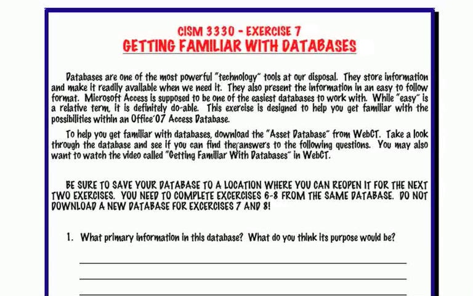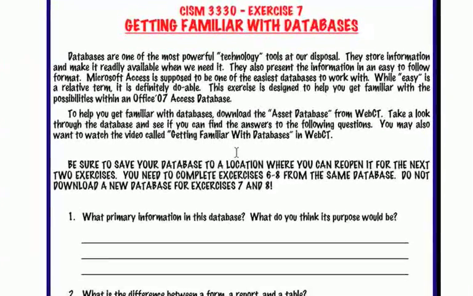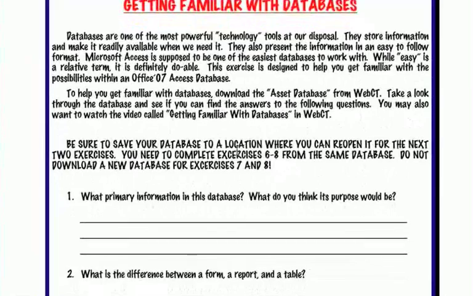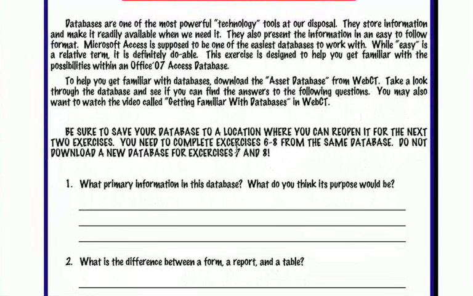I need to point out a couple of mistakes to you in the workbook itself. I know there's a couple of typos here. If you'll notice here in the paragraph that's in all caps, it mentions that you need to complete exercises 6 through 8 from the same database.